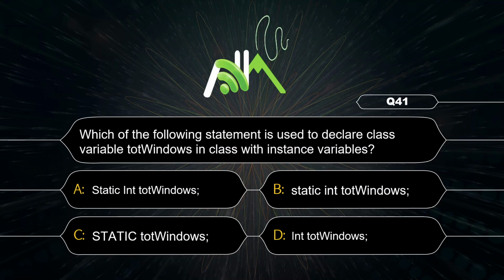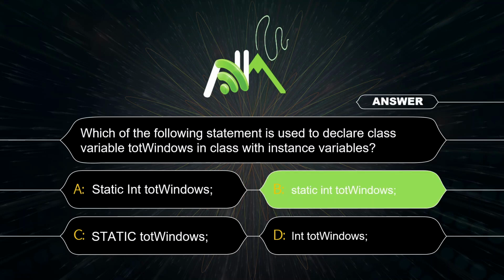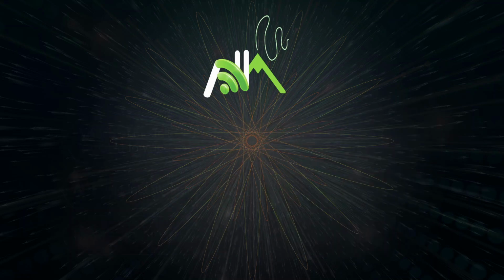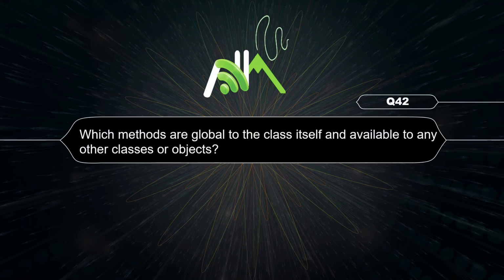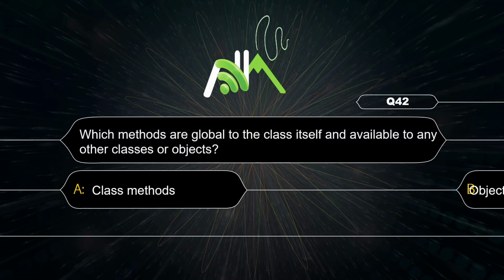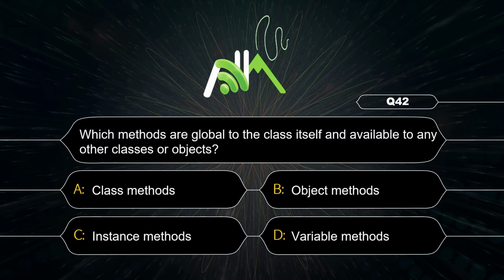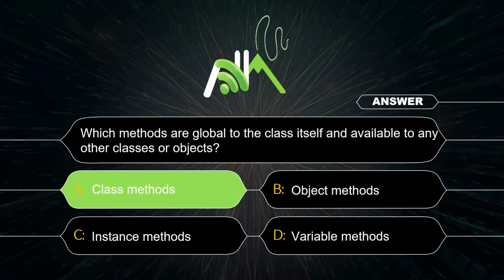So option B is correct. Which methods are global to the class itself and available to any other class or object? So here the correct answer is class method. Option A.